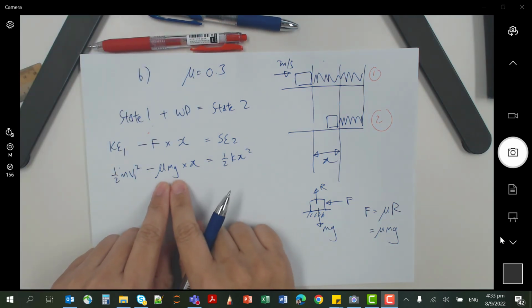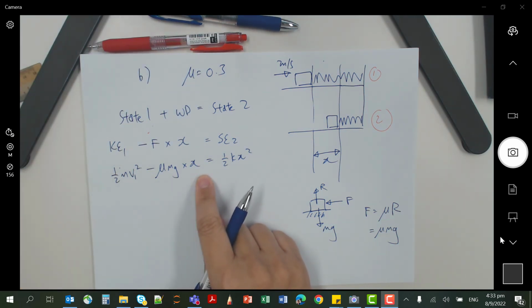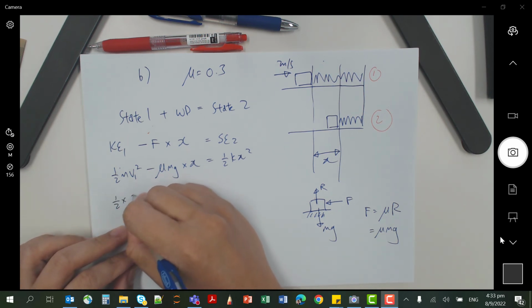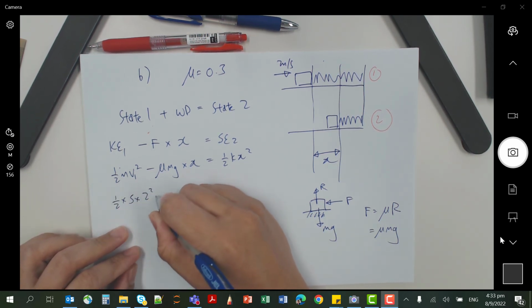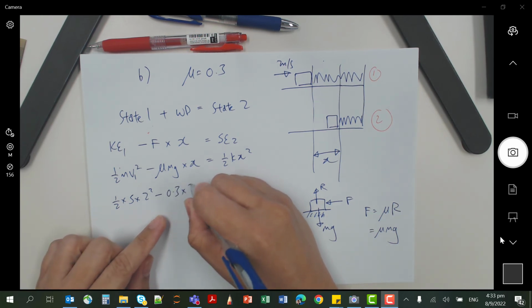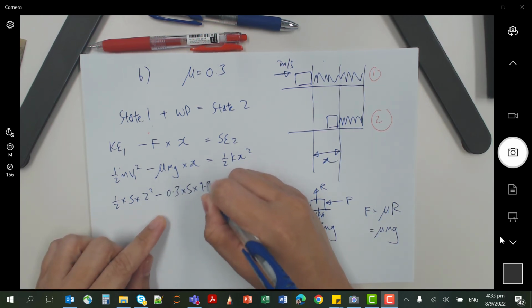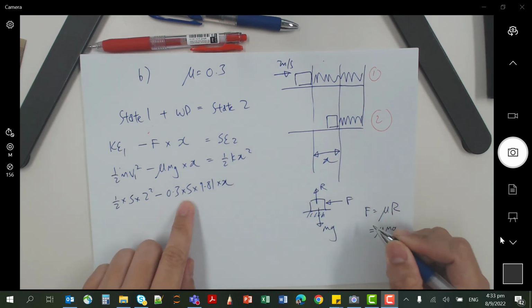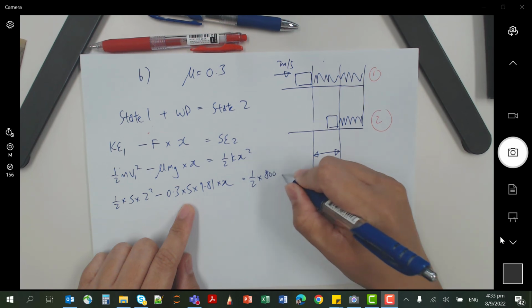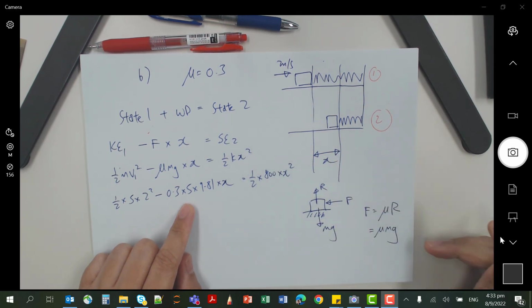This is your frictional force multiplied by distance. So you get half times 5 times 2 squared minus 0.3 times 5 times 9.81 times x equals half times 800 times x squared.